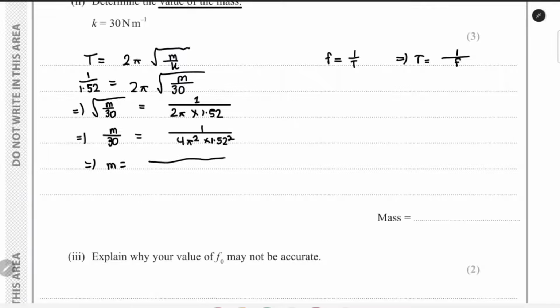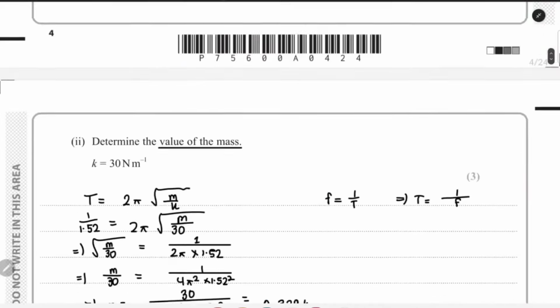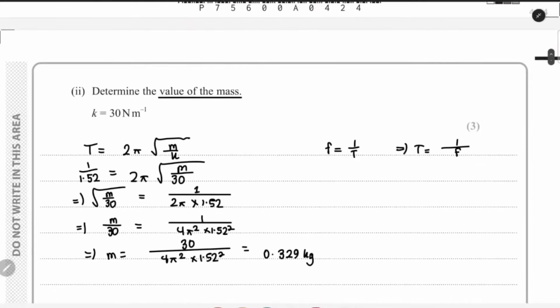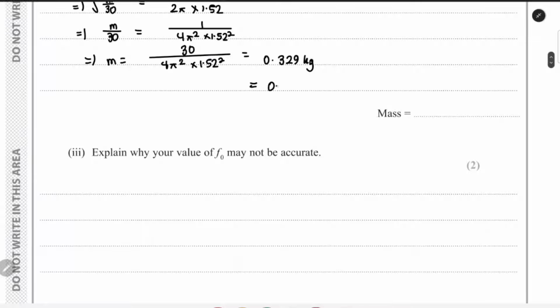So m will be 30 divided by 4 pi square into 1.52 square. If we calculate this, we'll get a mass of 0.329 kilograms. It would be better to give this value in 2SF. 3SF is overkill over here.